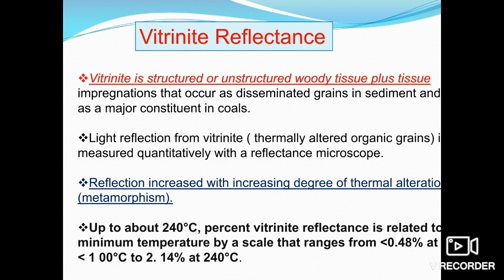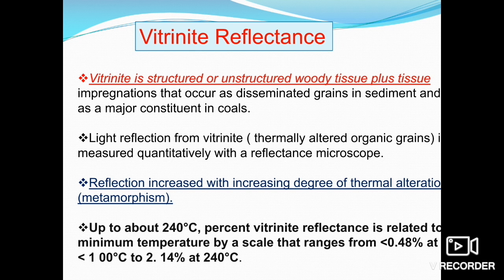As the reflection increases, the degree of thermal alteration also increases, and up to about 240 degrees, percent vitrinite reflectance is related to minimum temperature by a scale that ranges from 0.48% at less than 100 degrees to 2.14% at 240 degrees Celsius.